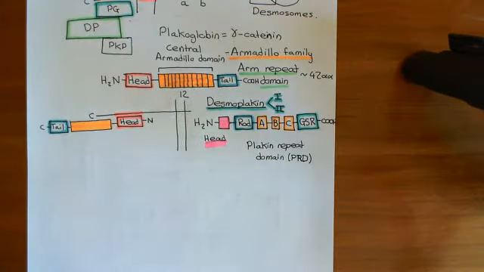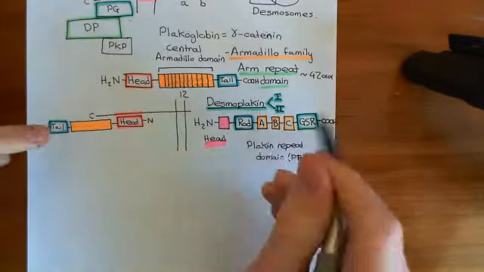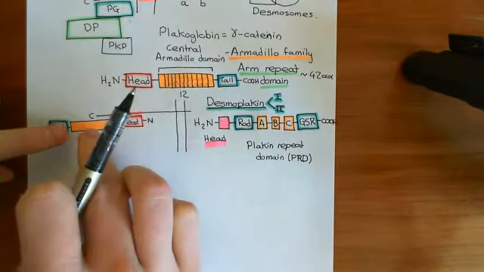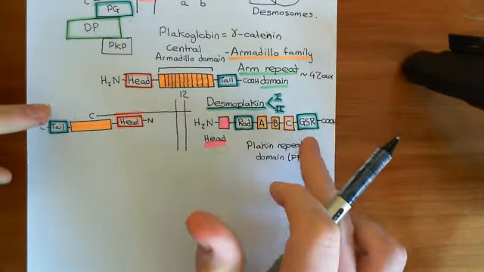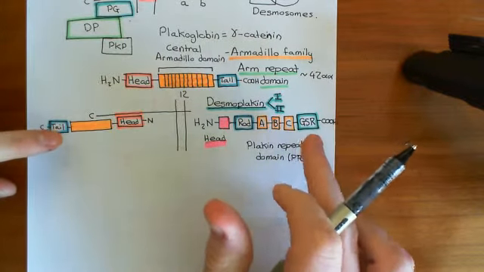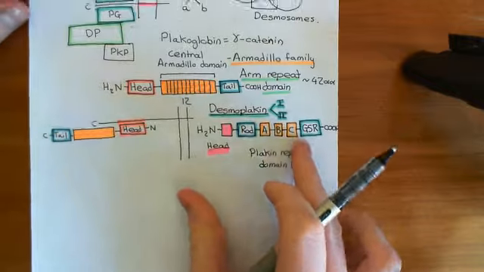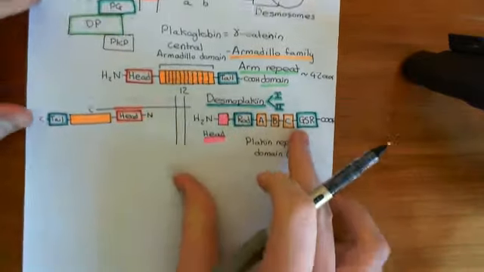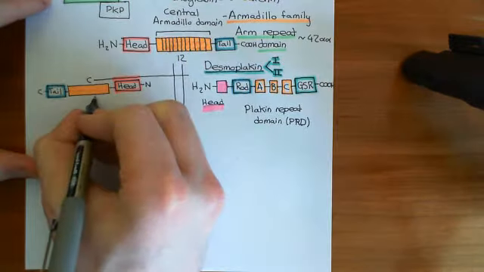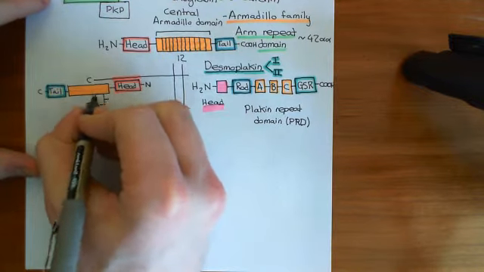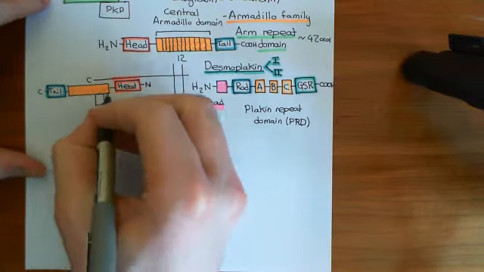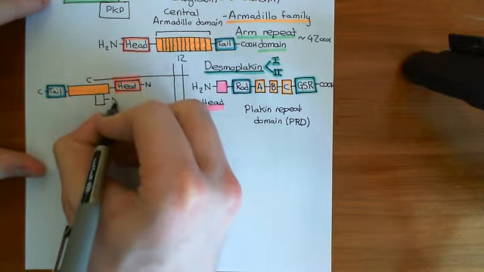Now, let's start by showing this thing binding to our plakoglobin protein here, and then we'll discuss the GSR region in a little bit more detail, because that's the portion that's then going to interact with the intermediate filaments. Okay, right, so the head portion is going to bind to the central armadillo domain of the plakoglobin protein.